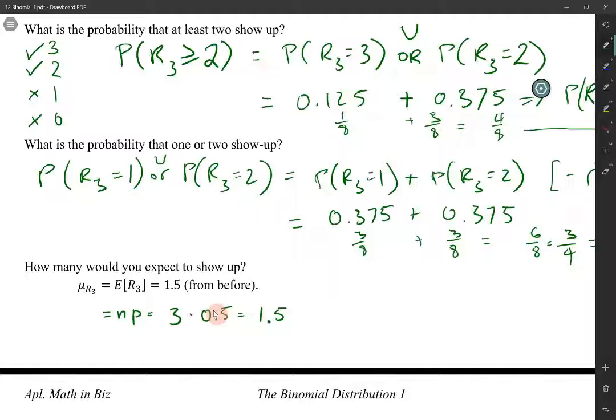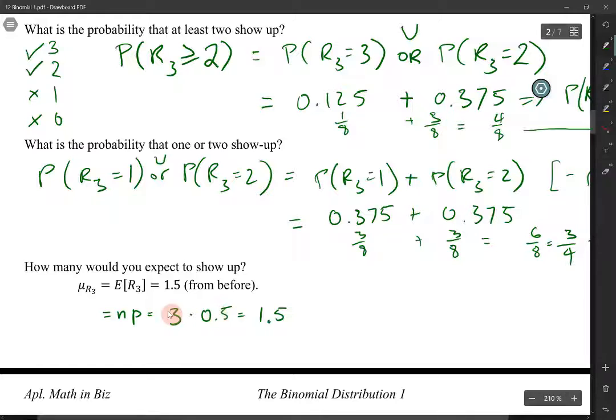Well, a half, because the probability is 0.5. Either one is going to show up or it is not, a 50-50 chance. And now it's not just 0.5 for one of them, but 0.5 for all 3. So you take the 3 times the 0.5 and you get 1.5.